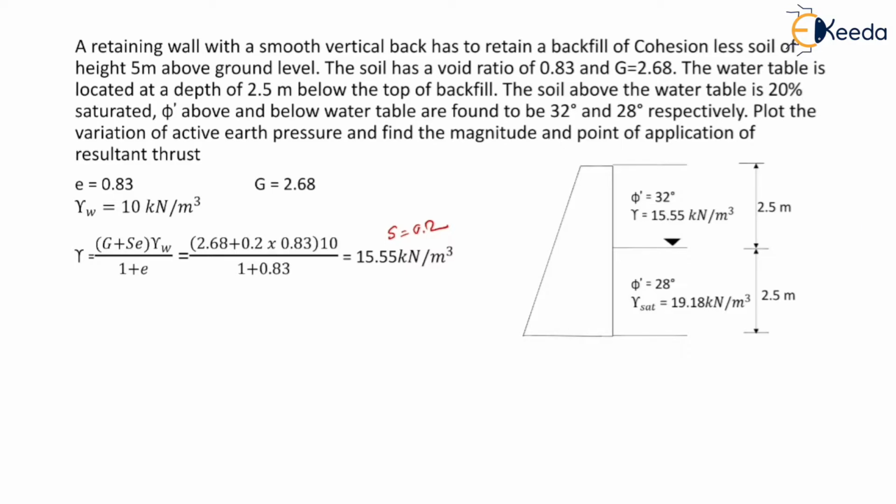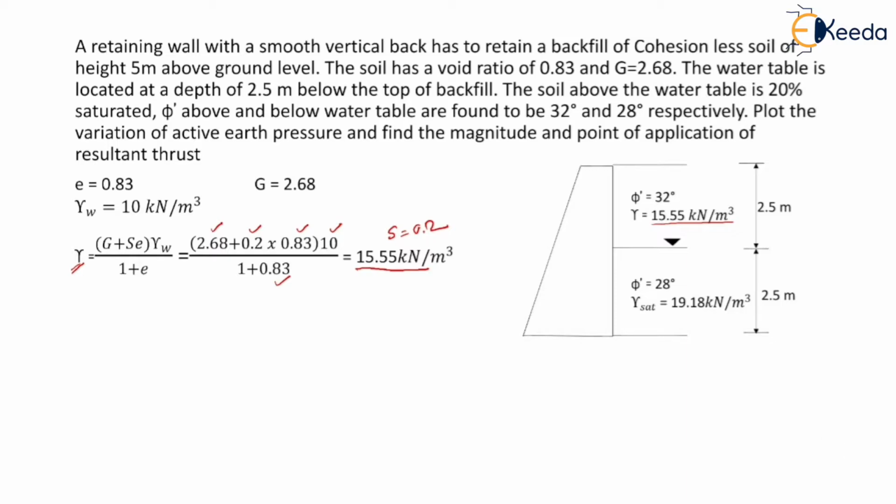So putting G as 2.68, S as 0.2, e as 0.83 and gamma W as 10, we obtain gamma equal to 15.55 kilonewton per meter cube. So the density of soil above the water table is 15.55 kilonewton per meter cube.